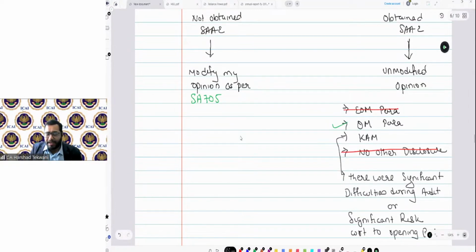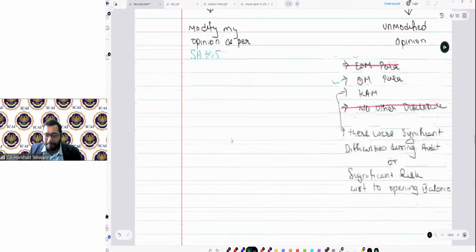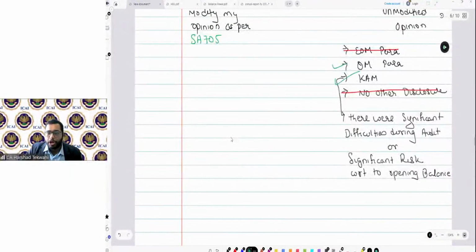And when I say significant difficulties during audit, it means I encountered significant difficulties during audit to gather sufficient and appropriate audit evidence. If that is the case, then yes, I will mention these areas in the key audit matter also.